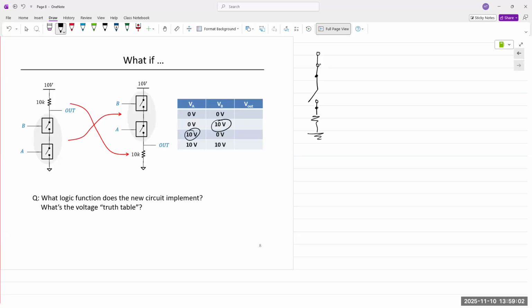Your output is here. So if VA is 0 and VB is 1, output is equal to what? Is the output pulled up to plus 10, or is it pulled down to the ground? It's pulled down. So output is logic 0.